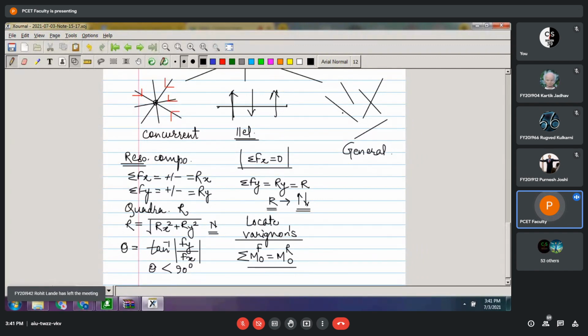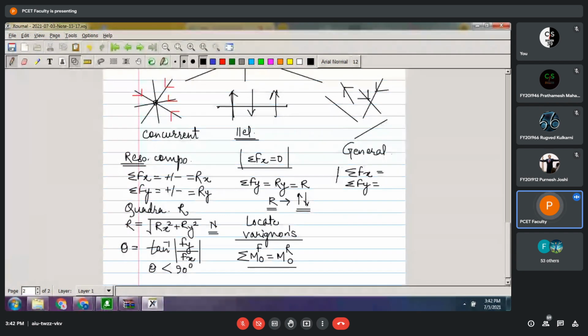Now, general coplanar force system is a combination of concurrent as well as parallel. Because we know that the lines of action of the forces are scattered, they are not intersecting or meeting at one single point, nor are they parallel to each other. So we first need to resolve all the inclined forces into perpendicular components. I need to calculate summation fx, then summation fy.